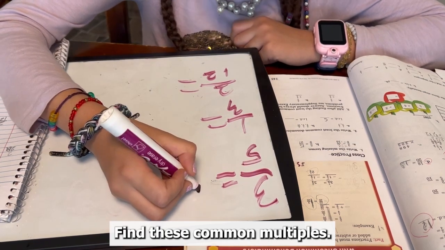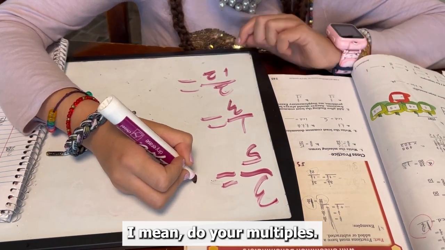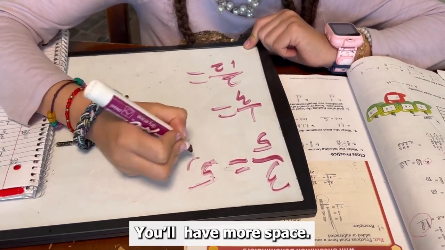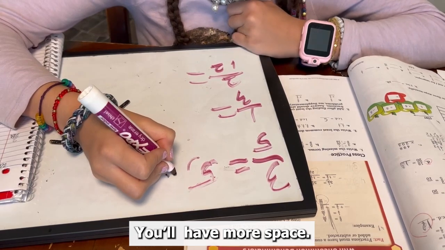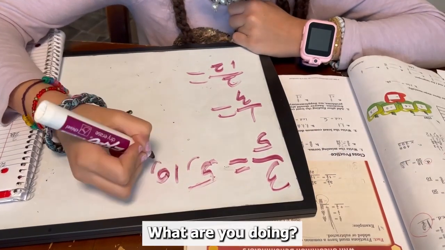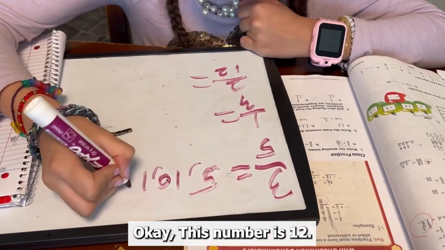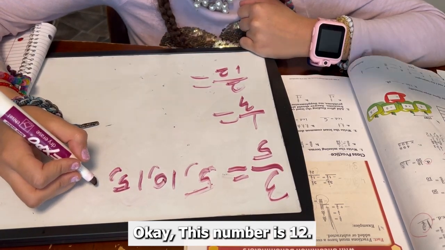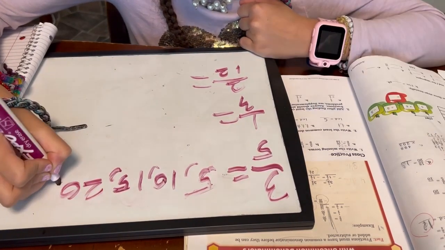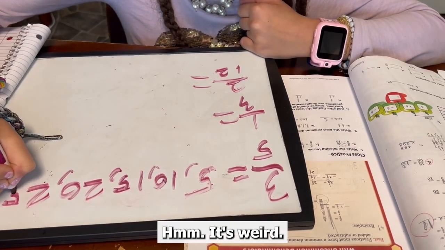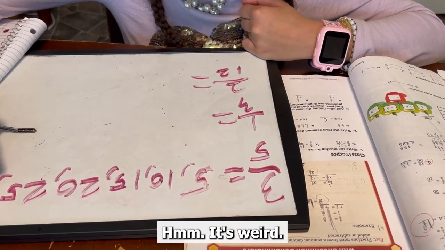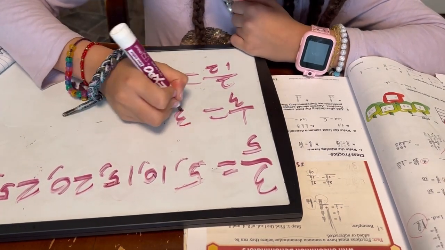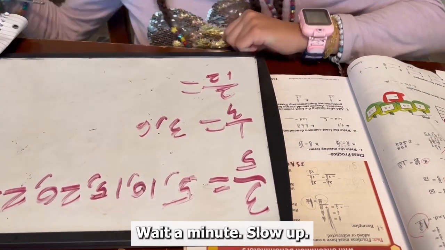Okay, well go ahead, find your least common multiples. Don't try to write small, so you have enough space. You're counting by what right here? This number is 12. That's weird. Wait a minute, slow up.